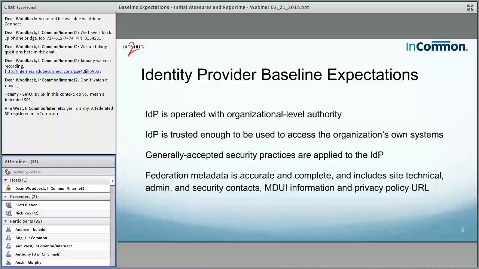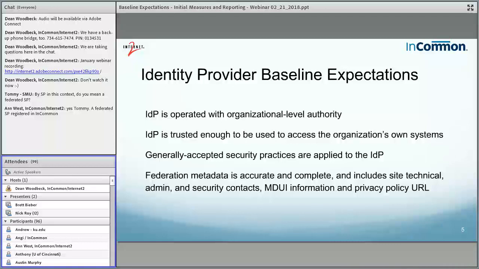It's pretty straightforward, and the idea there is that your IDP is, preferably one IDP for your entire organization, and it's run by central IT or some other similar organization that's responsible for managing the identities that it represents. Then that it's trusted enough to be able to conduct business with the organization's own systems.